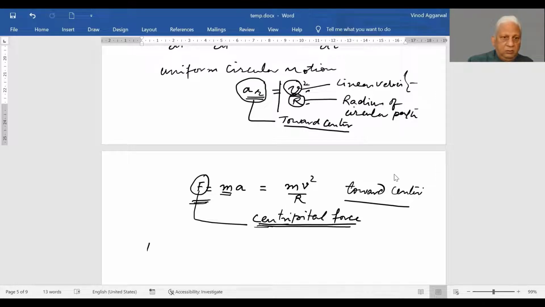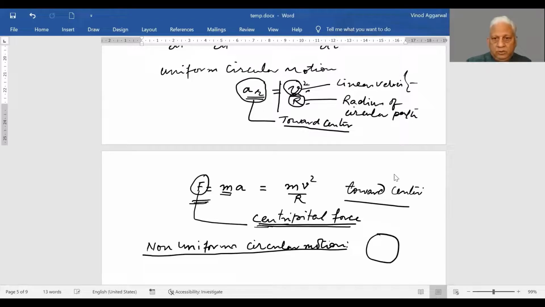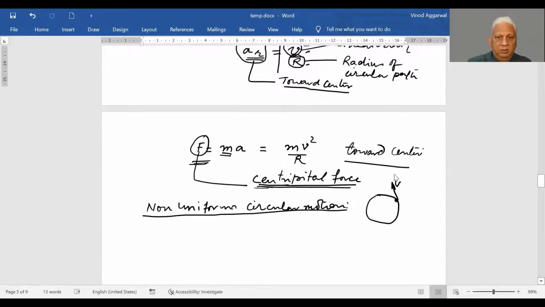For non-uniform circular motion, meaning thereby the velocity at any time may not be the same, then what happens?